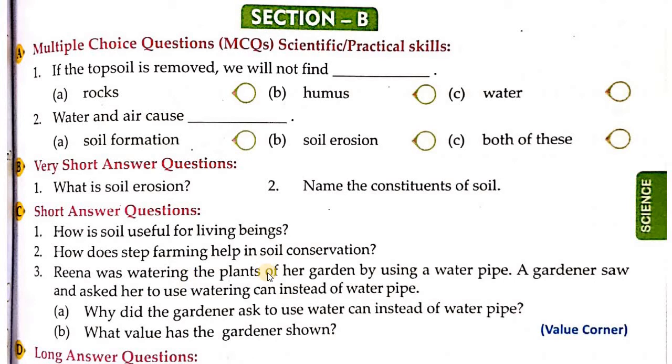Question number 3. Rina was watering the plants of her garden by using a water pipe. A gardener saw and asked her to use watering can instead of water pipe. Why did the gardener ask to use water can instead of water pipe? What value has the gardener shown?